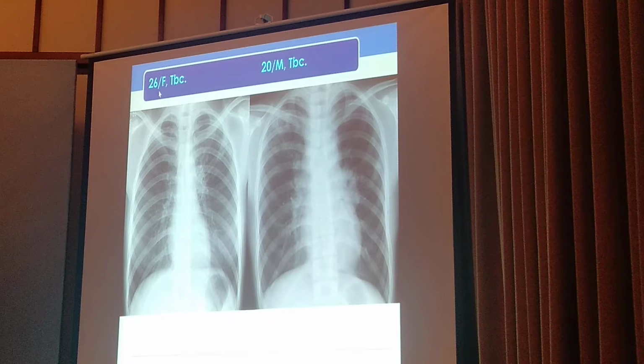This case is a 26-year-old female with left upper consolidation. So we first think of tuberculosis, and another finding is left hilar enlargement compared with the right side. So this patient has left hilar lymph node enlargement. So, active tuberculosis on the left upper lobe with left hilar lymph node adenopathy. How about this patient, a 20-year-old male with right upper consolidation with cavity.